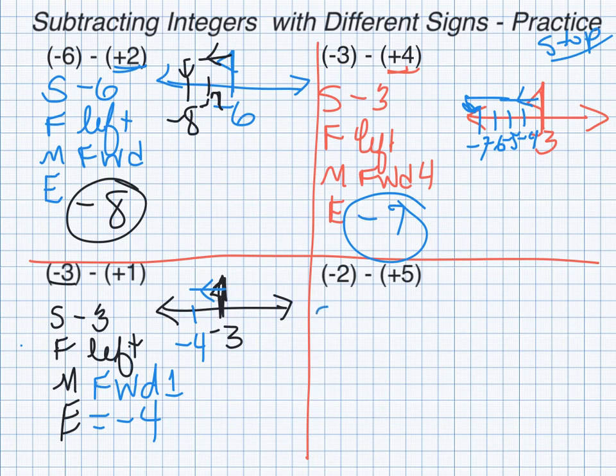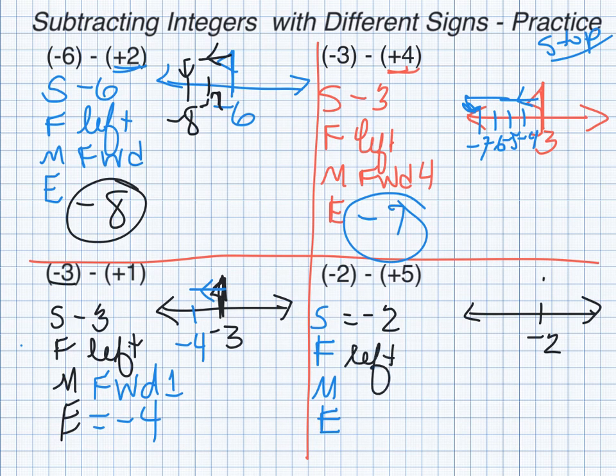Next problem, I want to start, face, move, end. I am, of course, going to be starting at negative 2. Here's my number line with negative 2 in the center. I'm going to be facing left because I'm subtracting. Now I'm going to move.